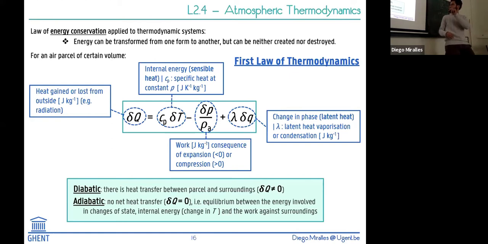But if you think of what I mentioned before, what would be the energy used to change the phase of liquid water into vapor? For instance, if you have fog in here and we were warming it, the energy used will be the amount of energy that it takes to evaporate 1 kilogram of water times how many kilograms have been evaporated.